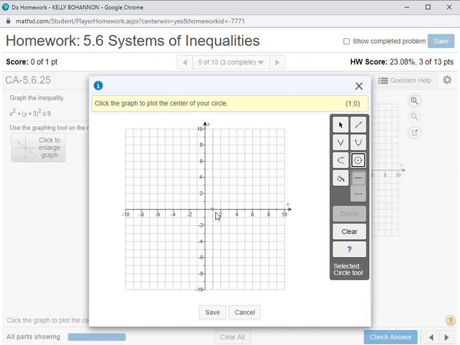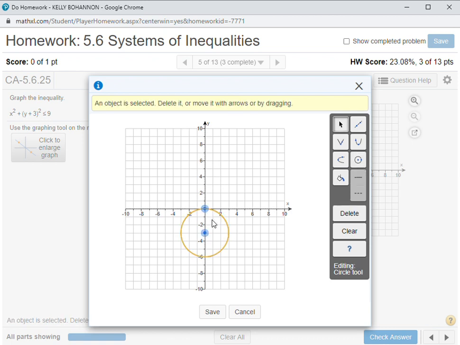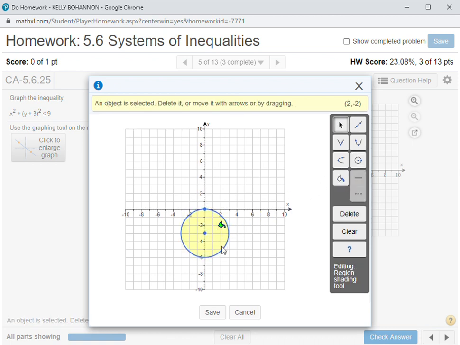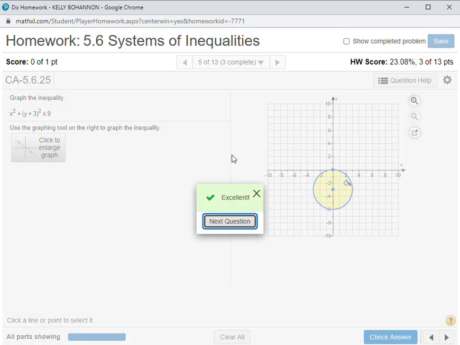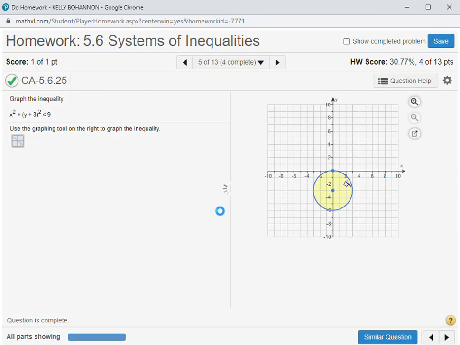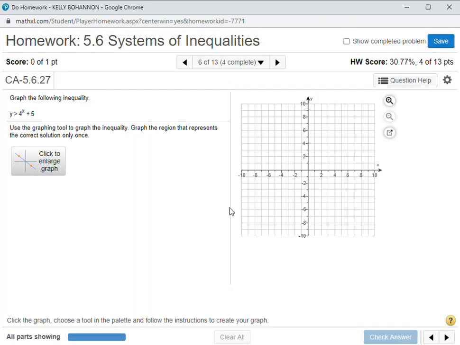Oh, wait, what did I just do? 0, negative 3. I don't want to do that. It still shades inside though. Oh, I figured it out. Okay, so you just move it to where it's, yeah, okay. That should be right, and it's shaded on the inside? Yes. Okay, I don't know why it clicked to shade on the outside.